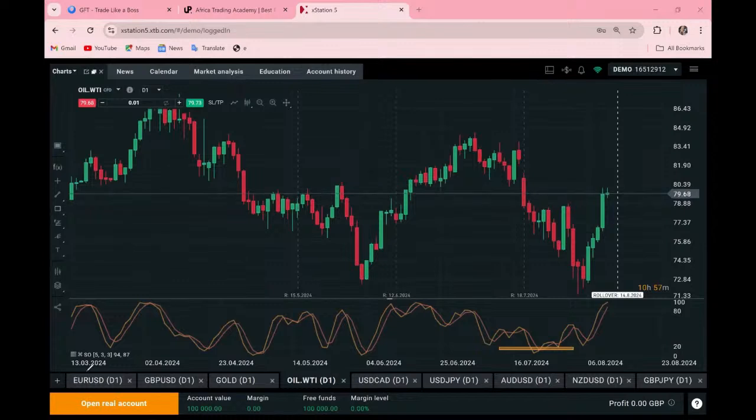You see something like euro and dollar. You see something like Britain pound and dollar. You see something like Australia. You see something like JPY. You see something like AUD. You see something like NZD. You see something like GBP.